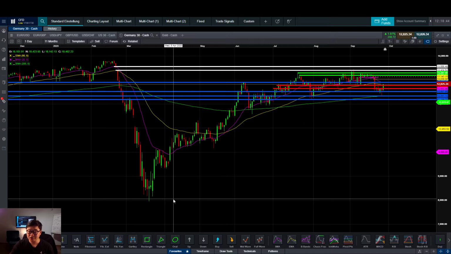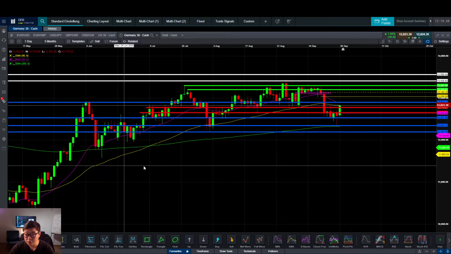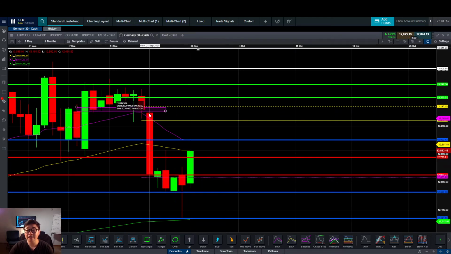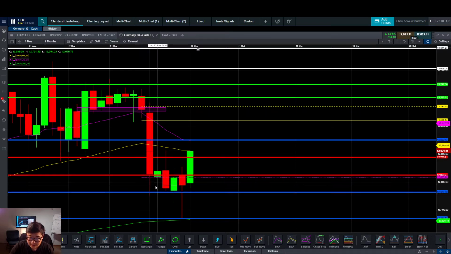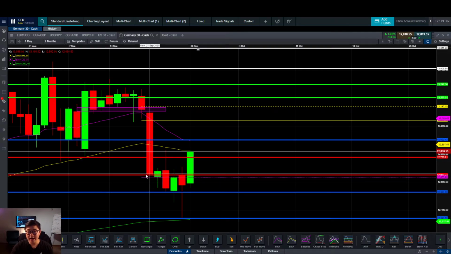Just a quick note: if you zoom in very carefully, the red bar opens here and closes here. The thin lines show where it has moved within the day. But at the end of the day, it opened here and closed here.